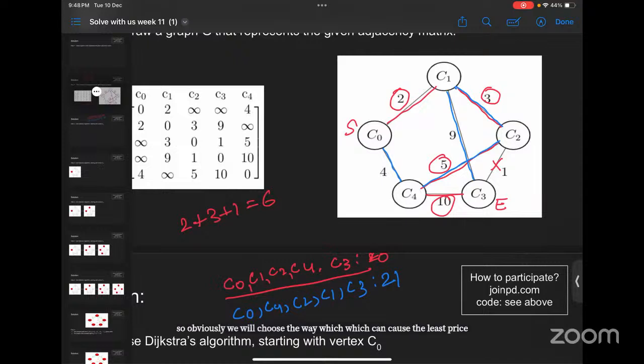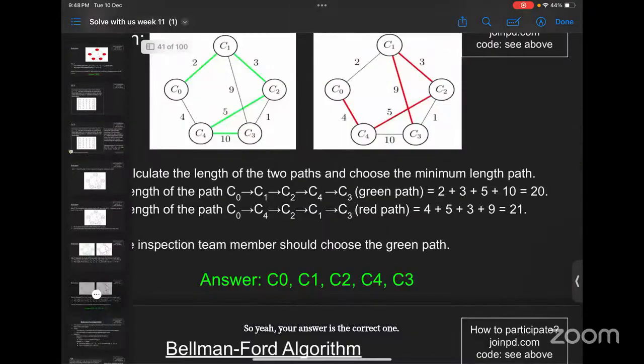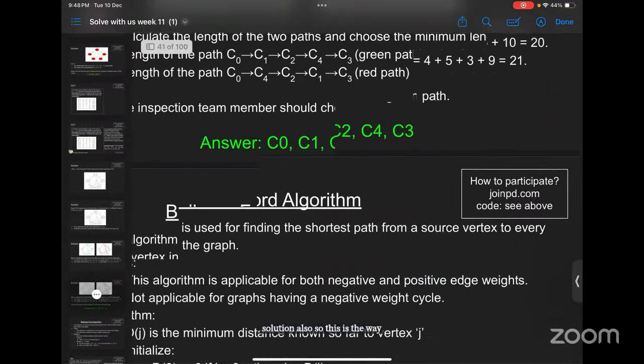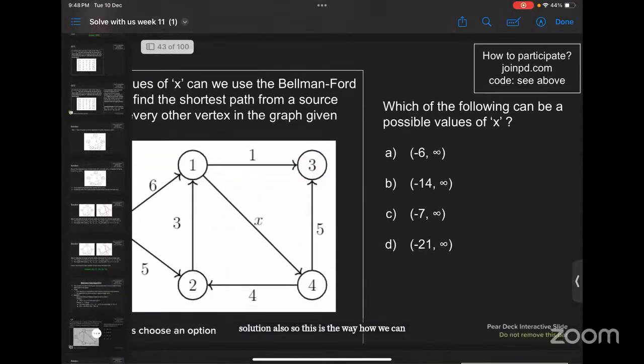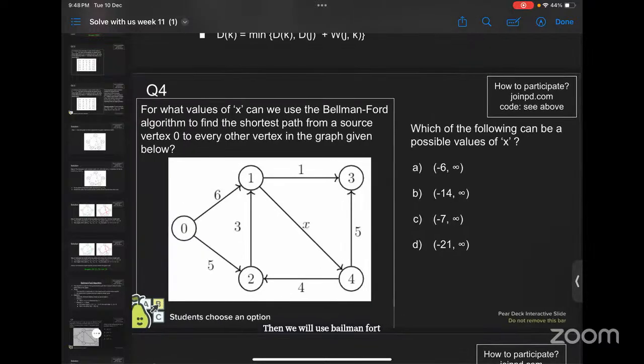That means the red line. So yeah, your answer is the correct one. So you can go through the solution also. So this is the way how we can solve them. Okay. Then we will use Bellman-Ford algorithm to solve the problem.